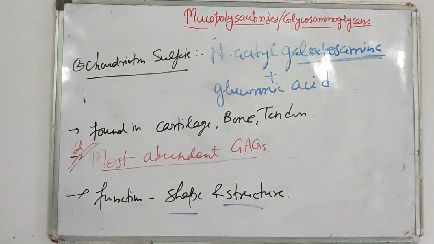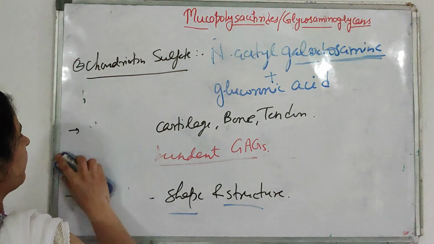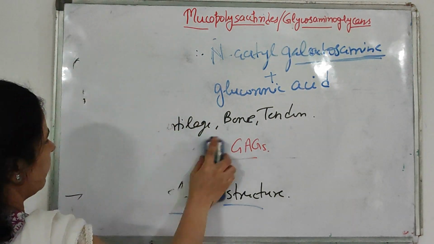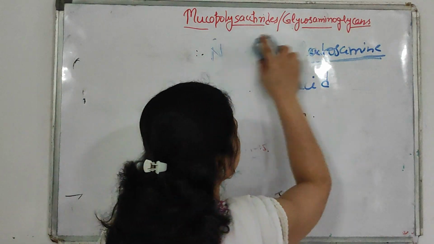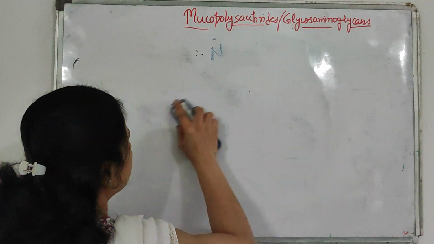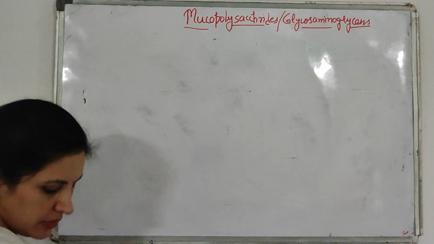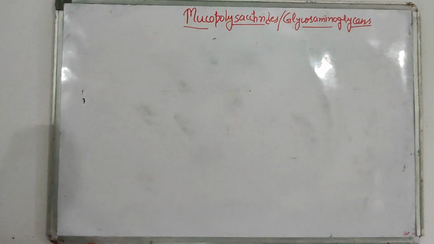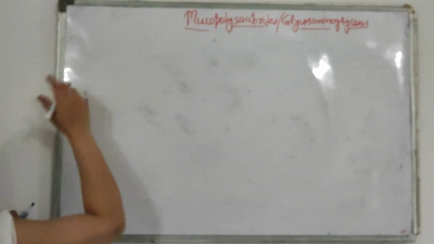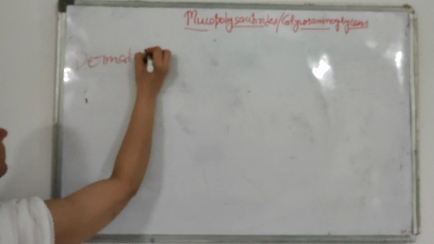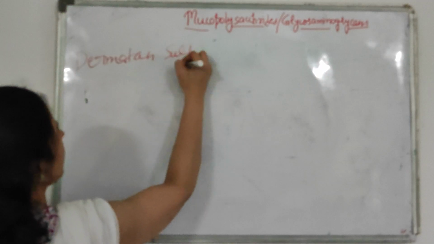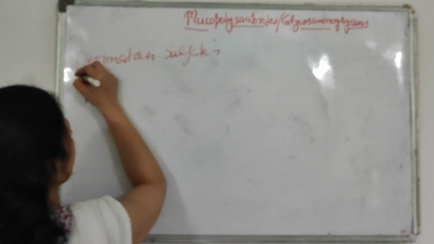Okay, now comes another GAG, dermatan sulfate. Next GAG is dermatan sulfate.